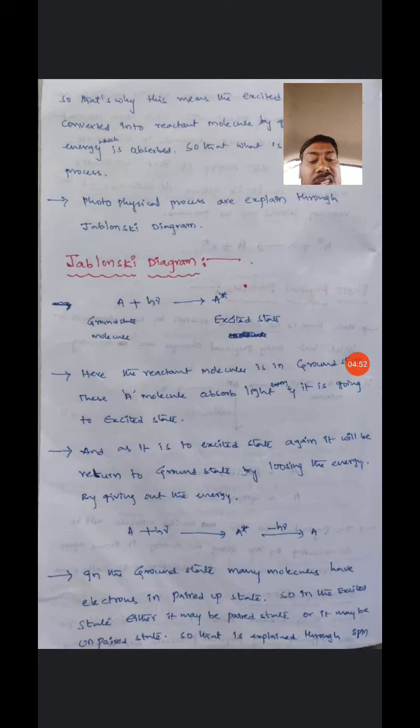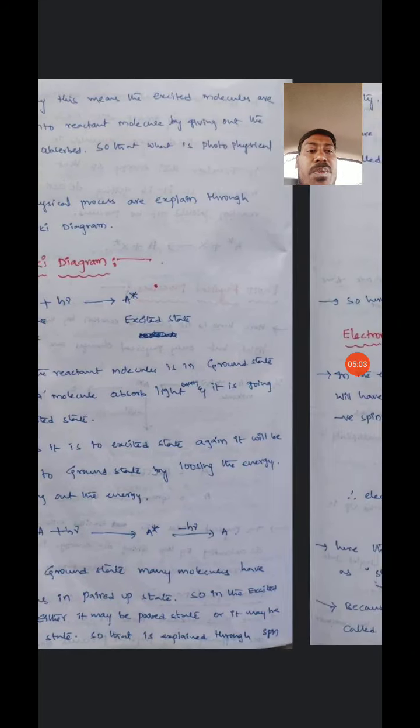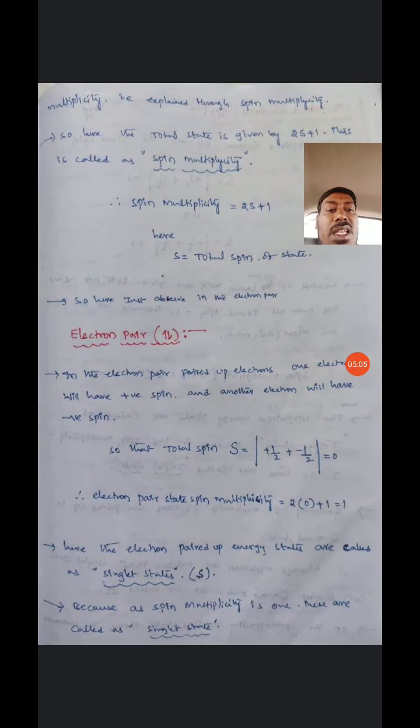In the excited state, it may be a paired state or an unpaired state. That is explained through the spin multiplicity.